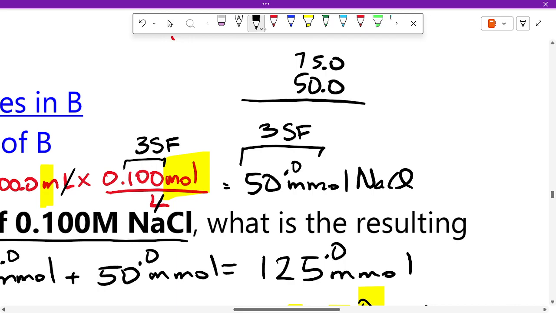And now I'm doing addition. And I get 125.0. Addition and subtraction can change the number of sig figs. So now I have 4 sig figs. So watch out. Addition and subtraction, they're not nice to you. They make sig figs complicated.